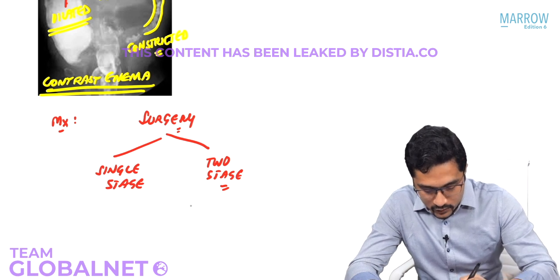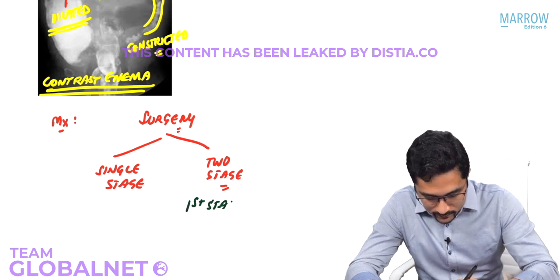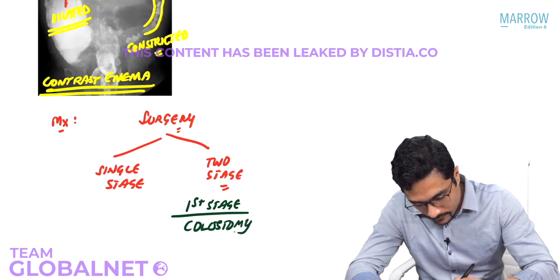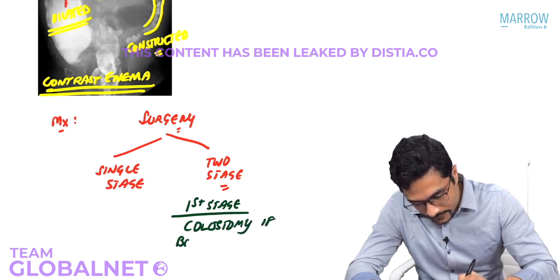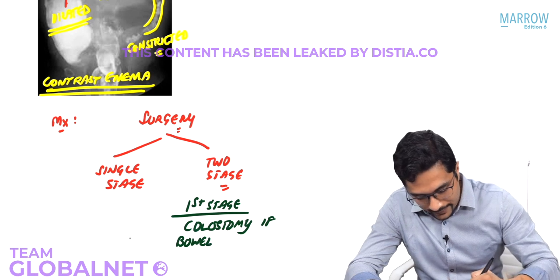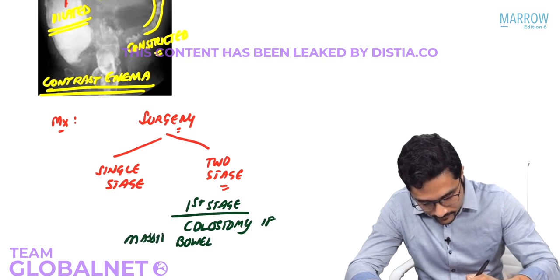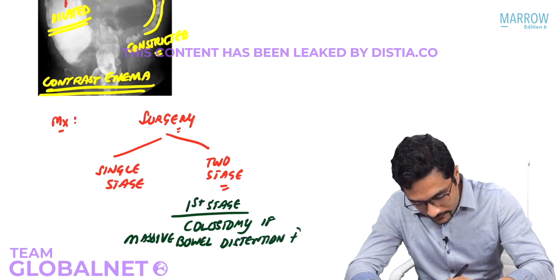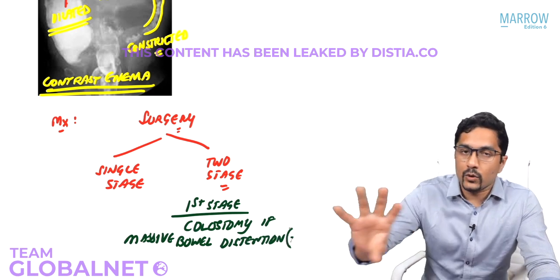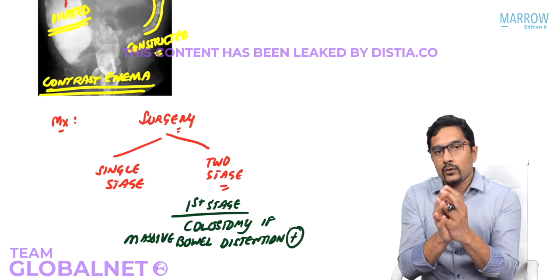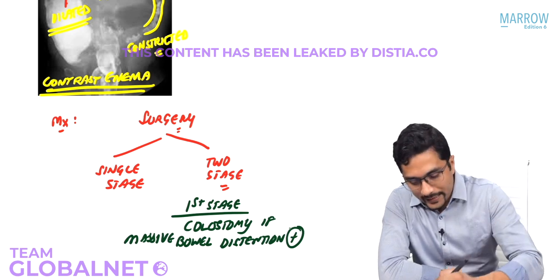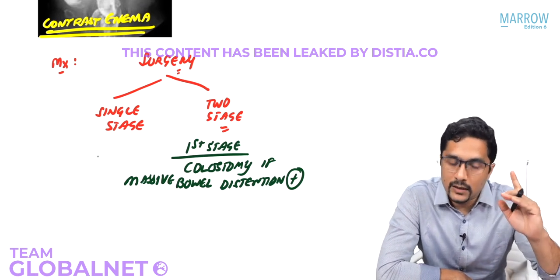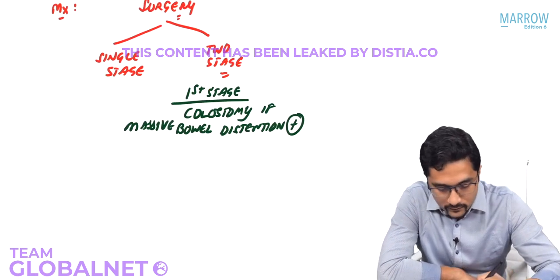In the two-stage procedure, the first stage is a colostomy if massive bowel distension is present, then the first stage is to do a colostomy, let the bowel come back to a normal size, and then we do a second definitive procedure. Otherwise, we can do the definitive procedure in a single stage.